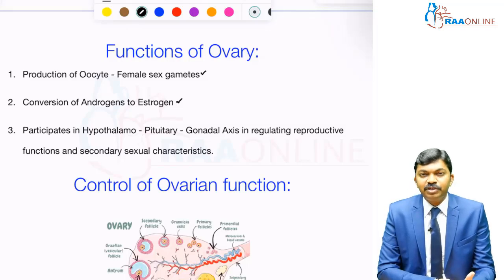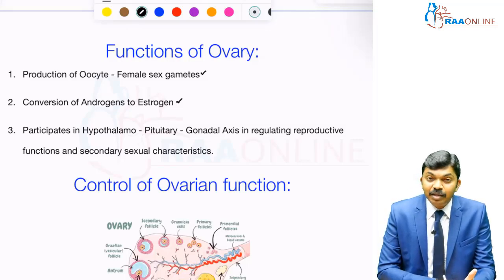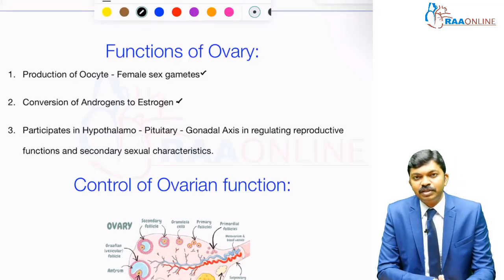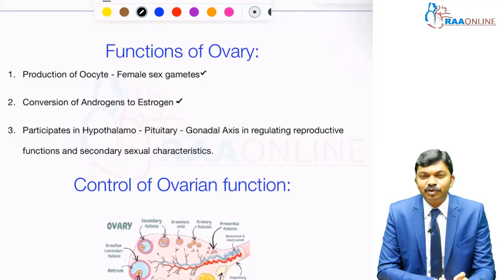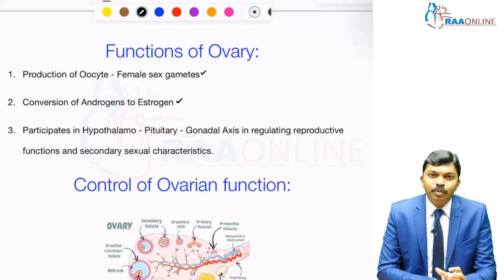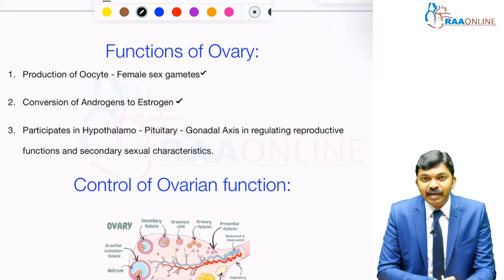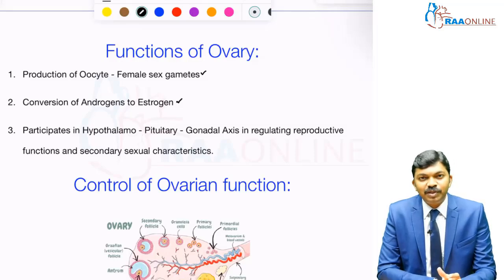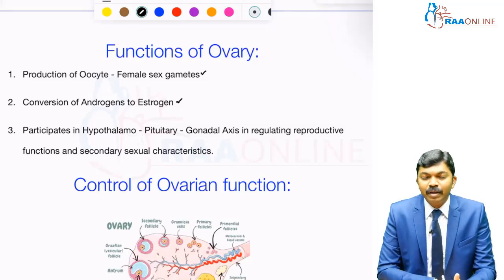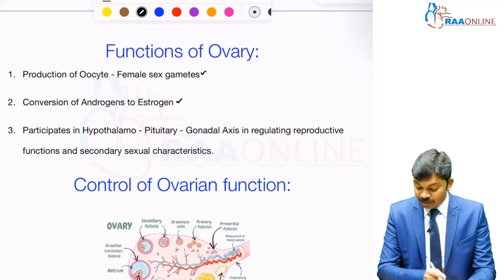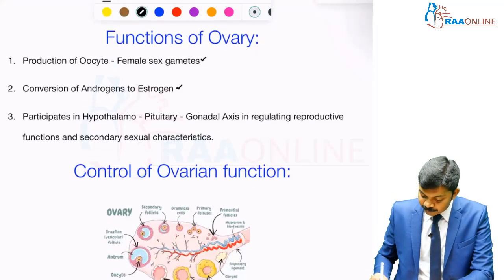The initial production is androgens, and in the presence of the enzyme aromatase, that androgen gets converted to estrogen, and that's another function of the ovary. So rather than producing estrogen directly, ovarian cells are essentially involved in converting androgen into estrogen, doctors, alright. So that's function number 2.